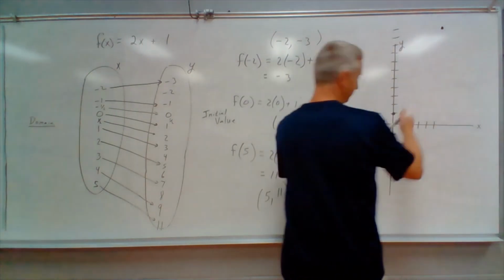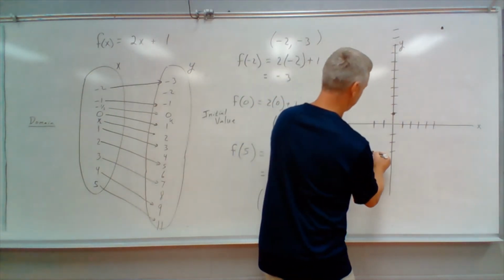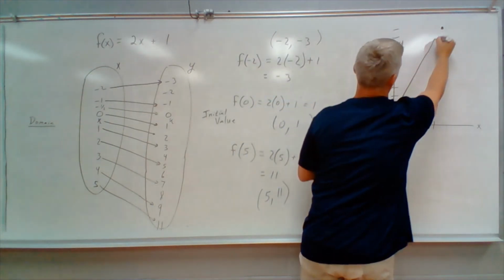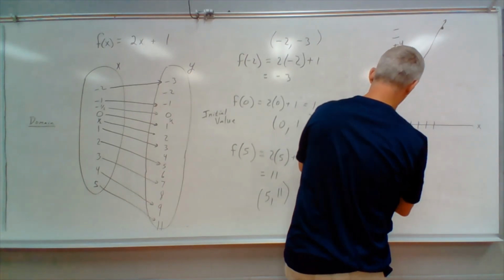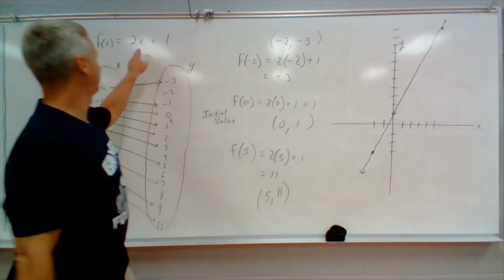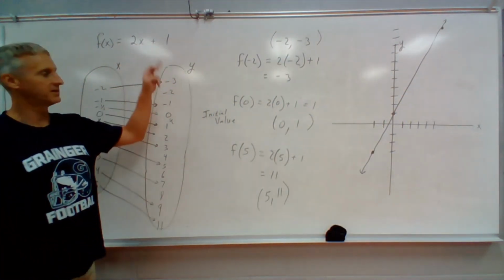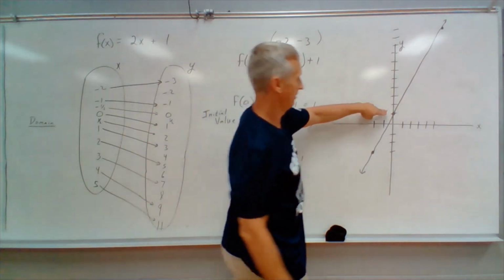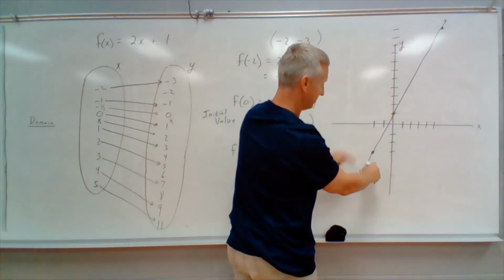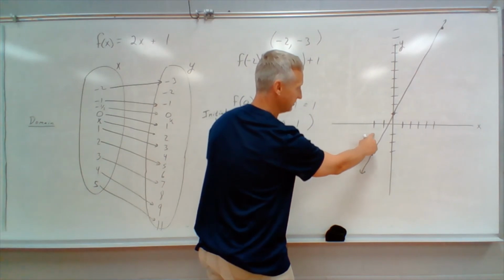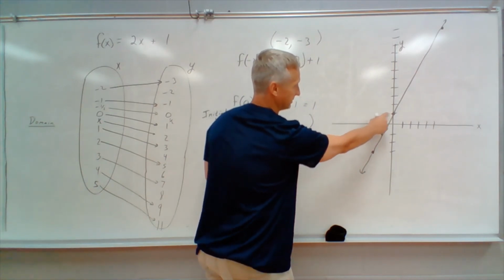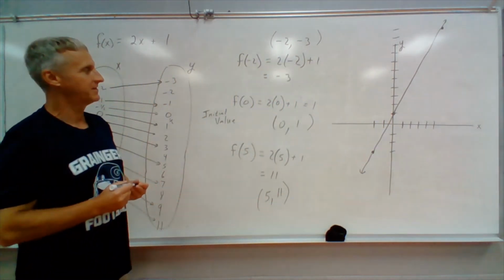And all the little numbers in between are in there, so we can connect the dots. And we get this straight line just like always. Slope is 2, y-intercept is 1. Slope is 2, so up 2 over 1. Start at this dot, I can go up 2 over 1, up 2 over 1, and I get that.